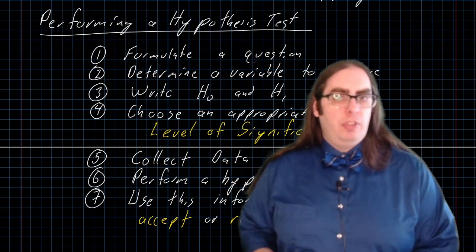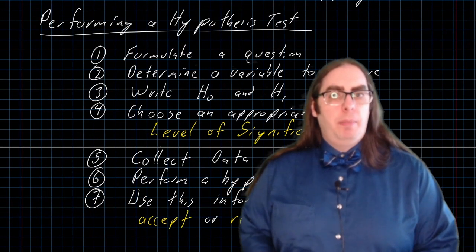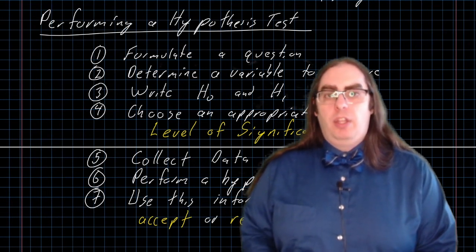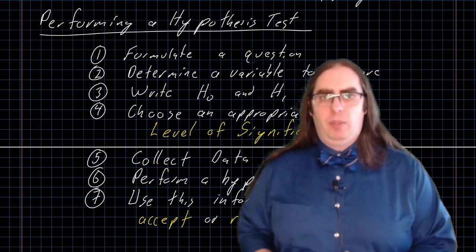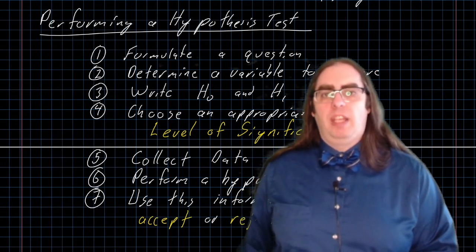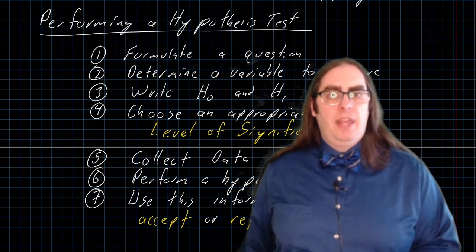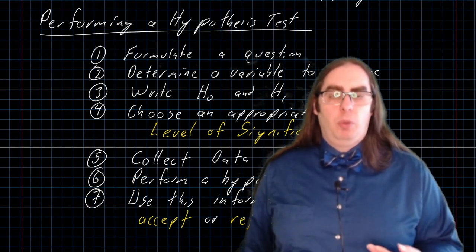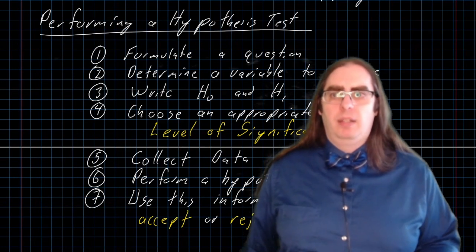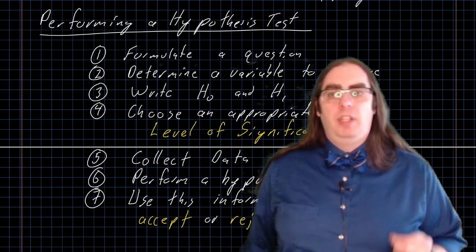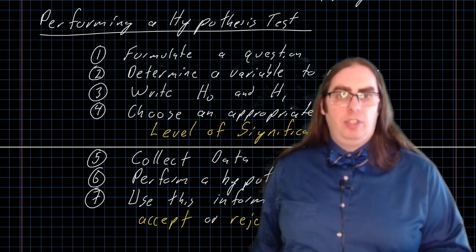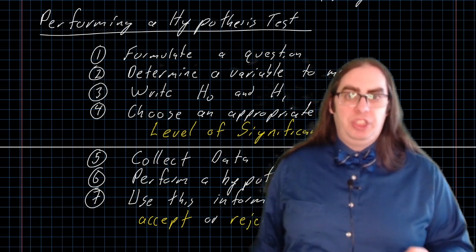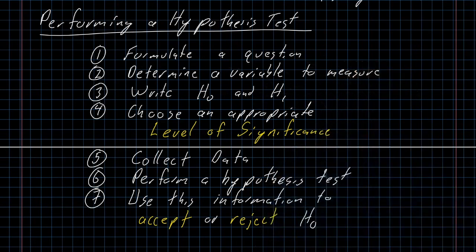Or very specifically, what is the probability that the null hypothesis was true, but then you rejected it anyway? Which is not quite the same as the probability that the null hypothesis was false, but you accepted it anyway. Right. So very specifically, the level of significance is the probability that the null hypothesis is true, but you rejected it.